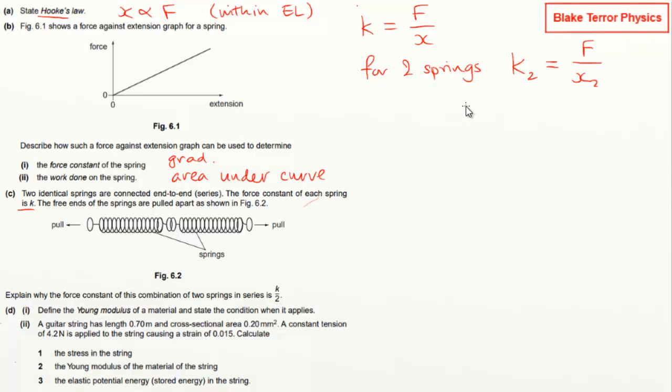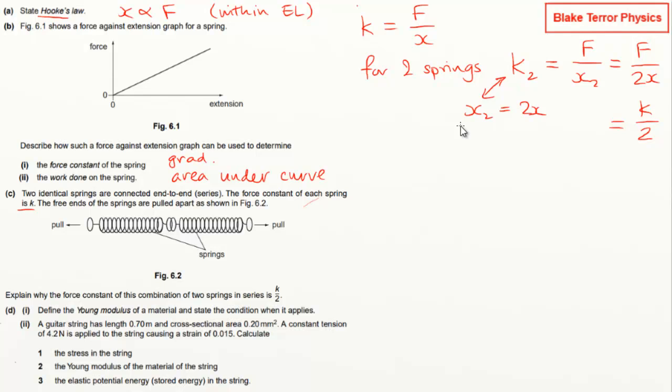But then X subscript 2 is equal to 2X, which means we get F over 2X, which is equal to K divided by 2. So as soon as you put in these new K2 and X2, we can rewrite everything in terms of the original force constant, and then it just drops out.